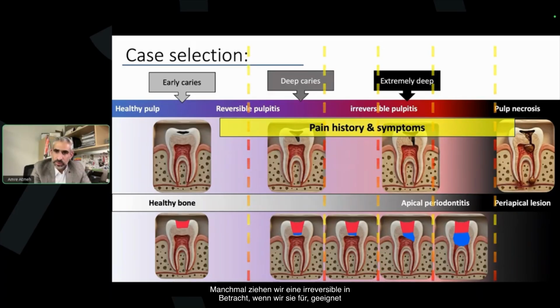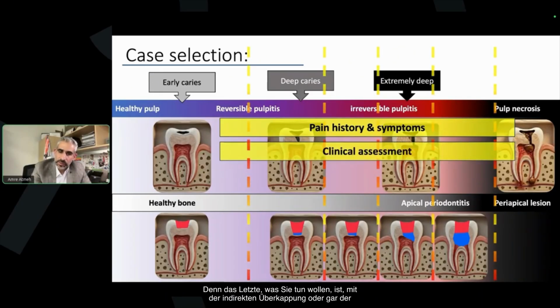So symptoms-wise, we're not talking about severe symptoms. And even the pain history should not be indicative of irreversible pulpitis. So we are talking about mostly reversible pulpitis. Sometimes we may consider irreversible if we think it is suitable. So it's a balance between the advantages, or pros and cons, of what we provide. Secondly is the clinical assessment.